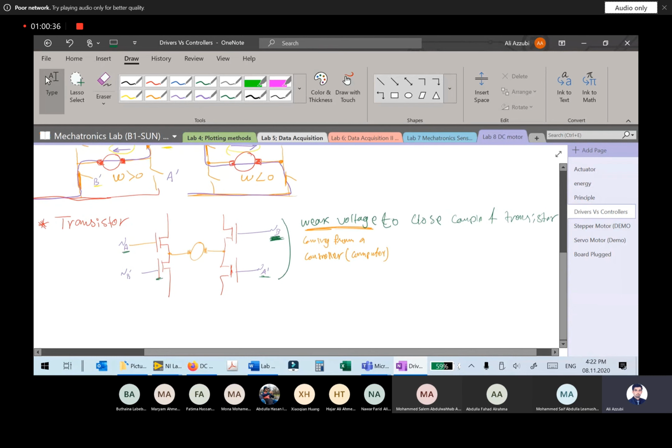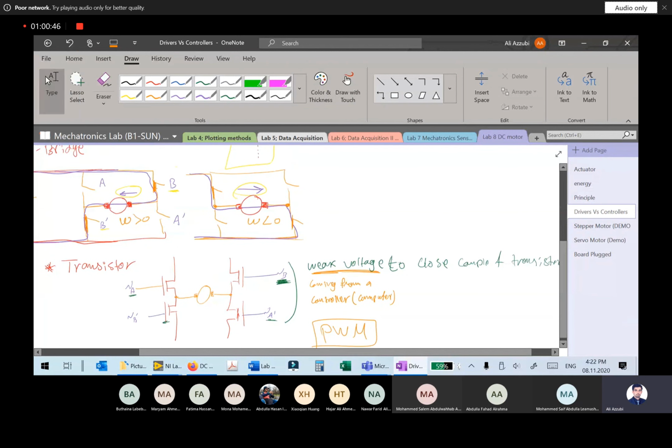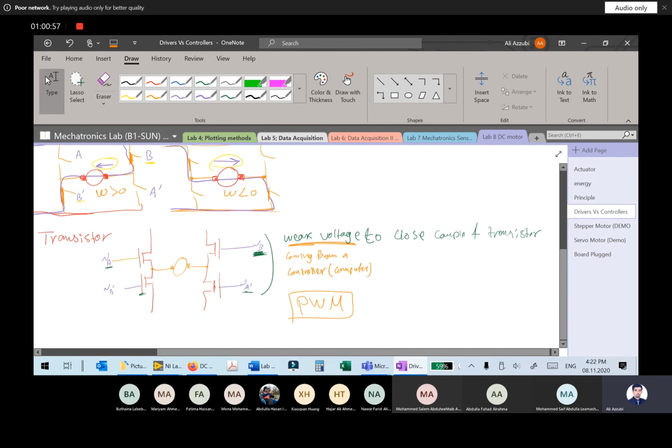All right. To control speed using computers, they use what you call pulse width modulation. It's equivalent to switching these switches on and off at a specific frequency or duty cycle, and consequently you can use a computer to control the speed of a DC motor.